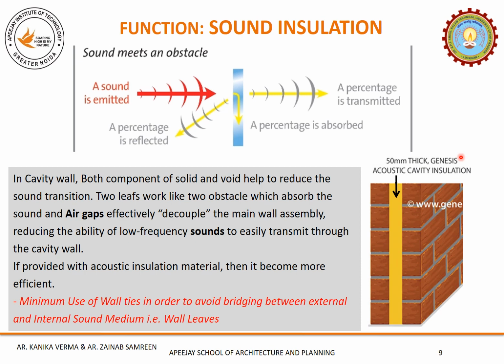Whenever a sound is emitted and it meets an obstacle in its way, three things happen. A percentage of it gets transmitted, a percentage of it is absorbed by this obstacle, and some percentage is reflected back, right?